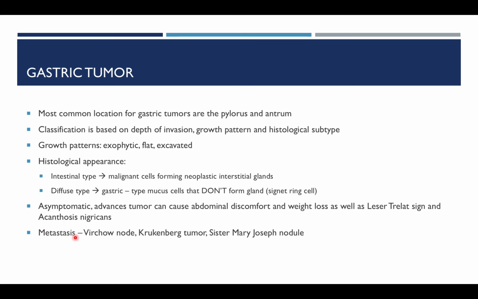In terms of metastasis, gastric tumors can metastasize to the Virchow node, which is another name for the supraclavicular lymph nodes. It can also cause Krukenberg tumor, which is spread of tumor to the ovaries, or Sister Mary Joseph nodule, which is a spread of gastric tumor to the periumbilical region, and is mostly seen with the intestinal type.